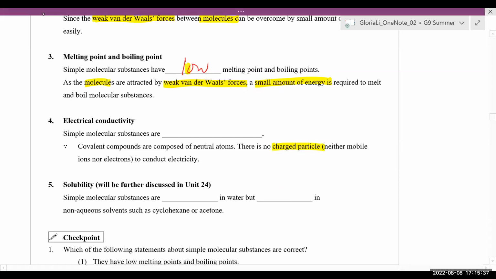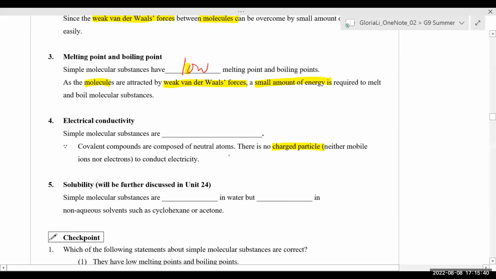But for molecules, I use H2O as an example. After heating, after decomposition, we know that it may become hydrogen gas and oxygen gas. Of course we need a double amount of H2O, so there will be 2 H2 and then 1 O2. Once you decompose H2O and form 2 hydrogen gas and 1 oxygen gas, you can see these are still atoms joined to each other with covalent bonds.